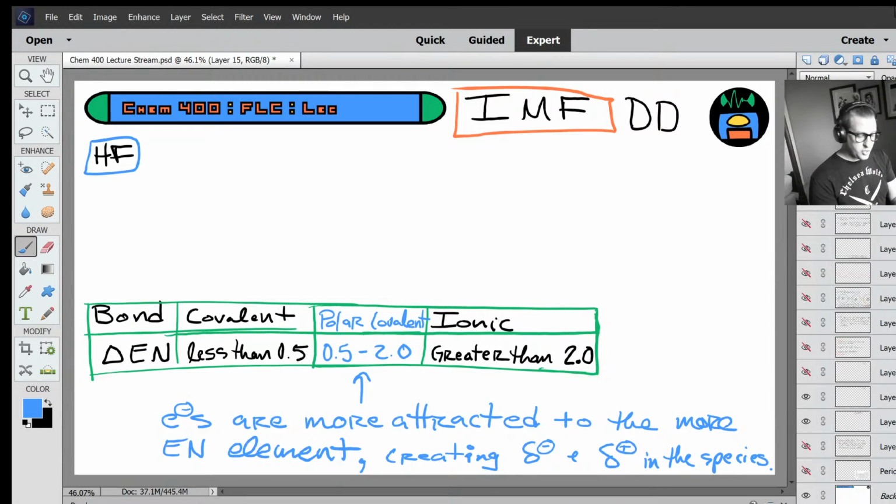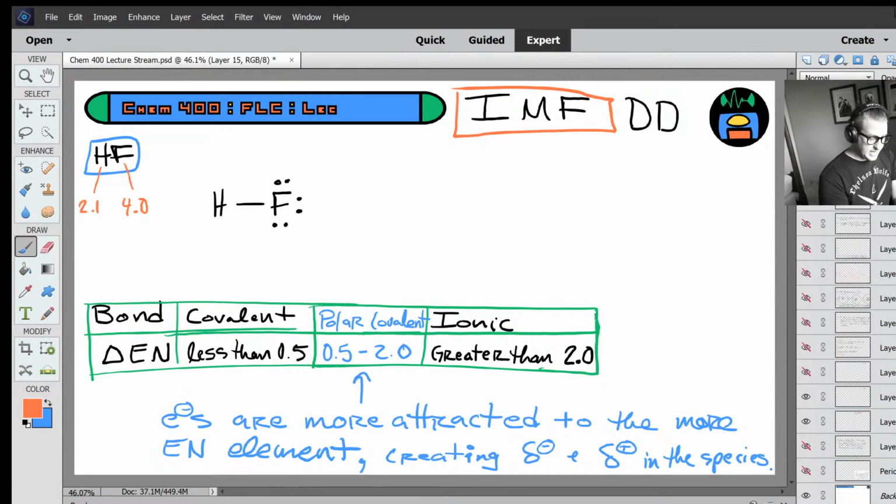So let's look. The Lewis structure for hydrofluoric acid looks like this: H and an F. Now, hydrogen has an electronegativity of 2.1, and fluorine has an electronegativity of 4.0.